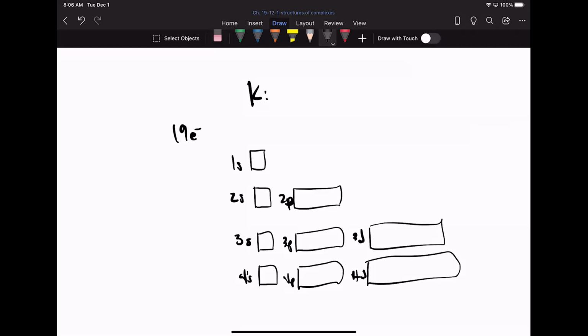And generally it goes 1s2, 2s2, 2p6, 3s2, 3p6. And I'm going to stop right there.